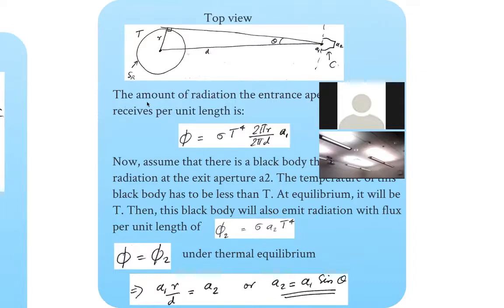The amount of radiation the entrance aperture A1, which is right there, receives per unit length of the source is the total flux coming from the source, which is the numerator here, sigma T raised to 4 times 2 pi r, divided by 2 pi d.